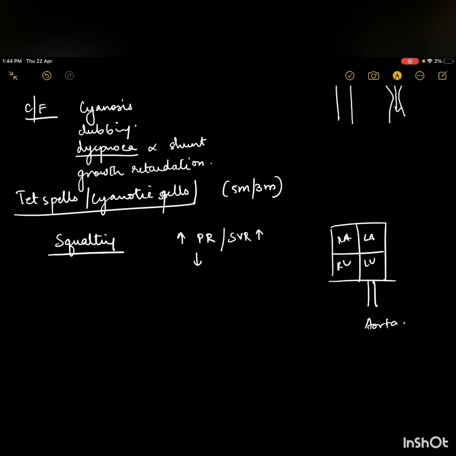So what's happening is there's increased systemic vascular resistance. So the force against which the aorta is pumping out blood is increased, due to which the output is decreased. So this output of the aorta is decreased because this force, systemic vascular resistance, is high. And so what happens is the stroke volume, that's amount of blood coming out of the left ventricle, is decreased. This leads to increased pressure of the left ventricle, and this causes reversing of the shunting.